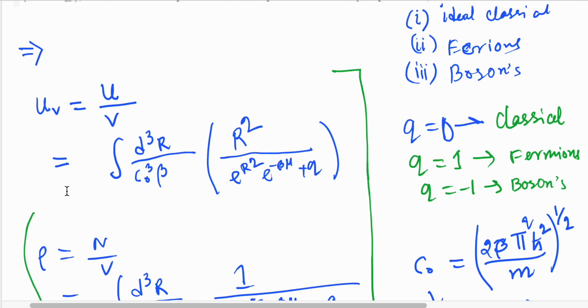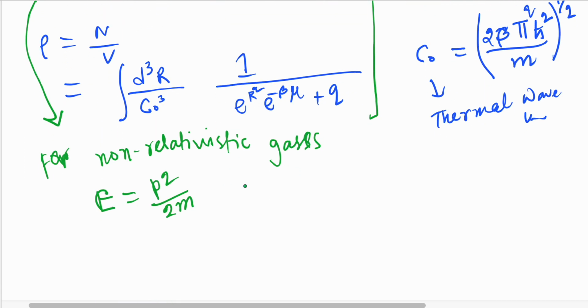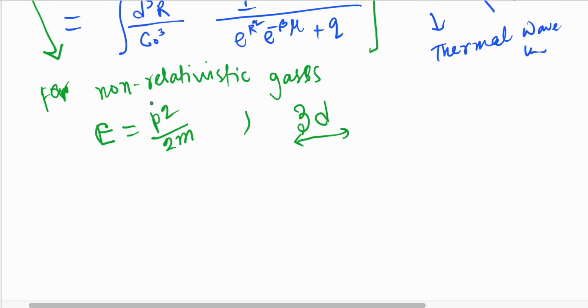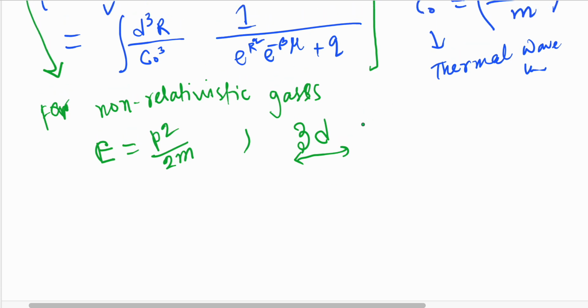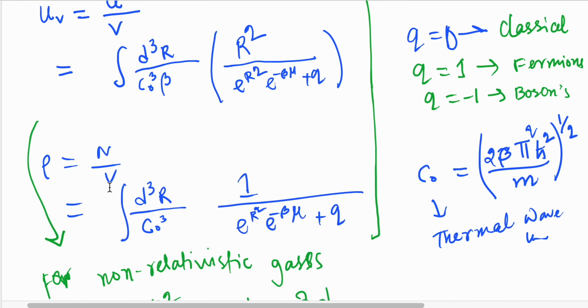This is the energy density and the particle number density, only for gases in 3D. So these two are valid only when the energy is parabolic in the momentum, that is E equal to p square by 2m, which is non-relativistic, and your spatial space is 3D. The particle moves in 3D space, that's it. So then these two relations are valid.